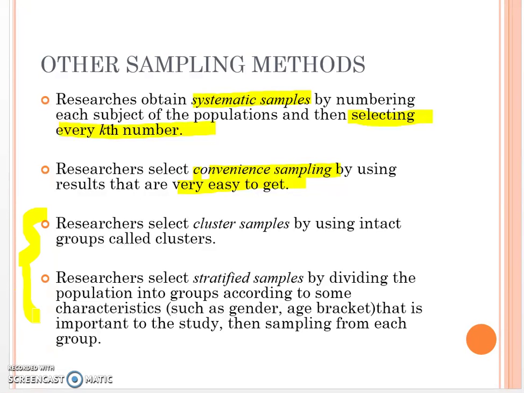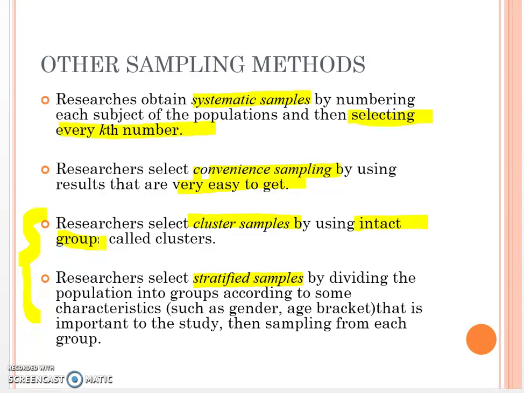Okay, and the next two are very similar. One is called the simple cluster sample. One is called stratified sample. I'll give you 30 seconds to read the description of these two, and we will talk about how they are different. Okay, so when you're doing the first one, the simple cluster sample, you're using intact groups, the whole groups.